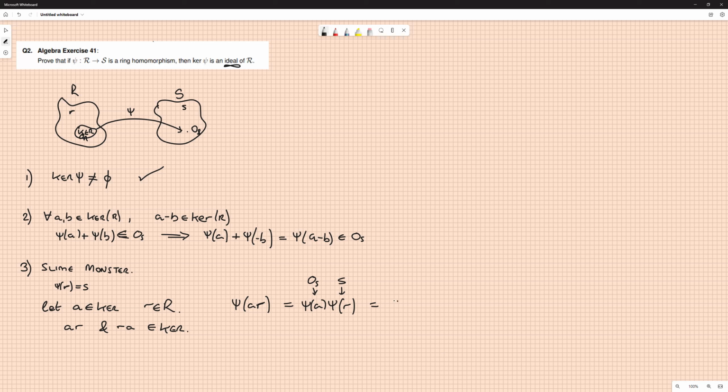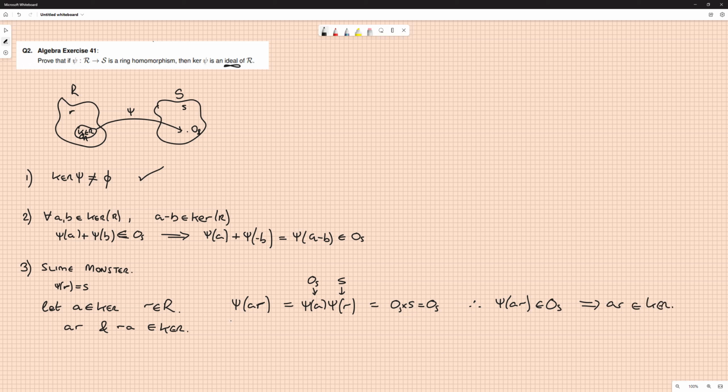So this becomes 0 times little s, which is 0. Therefore phi of AR exists there, which implies that AR exists in the kernel.